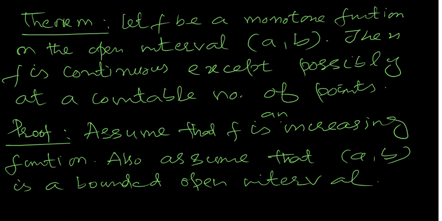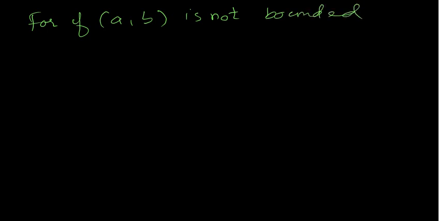In case it's not bounded, then we know that every open set, and this is always an open set, can be written as a countable union of bounded open intervals. So if this interval a b is not bounded, then the following cases arise.